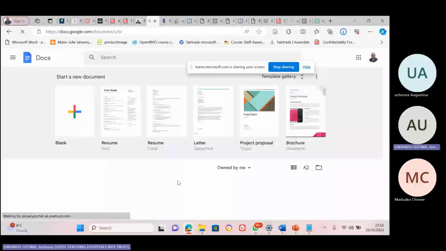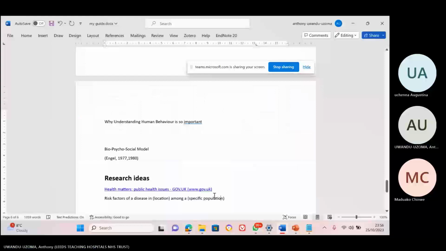Okay, so I'm going to paste inside example of a population. So this is an example of population.